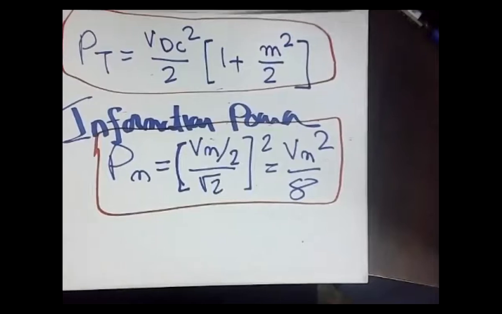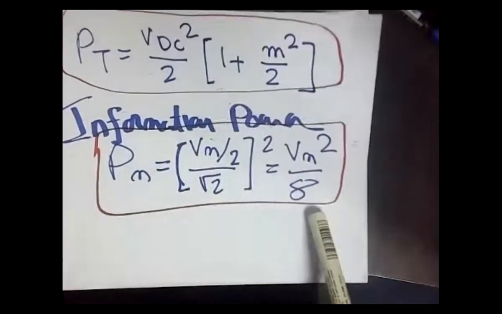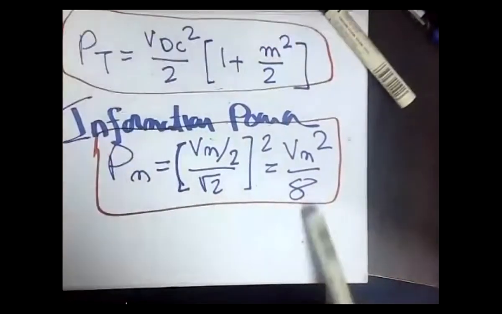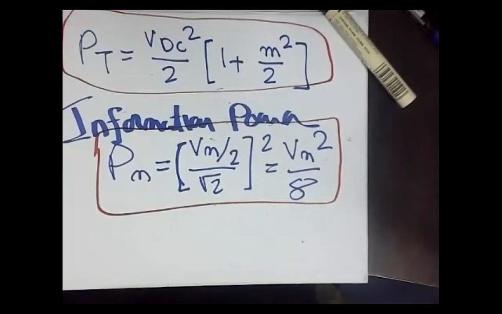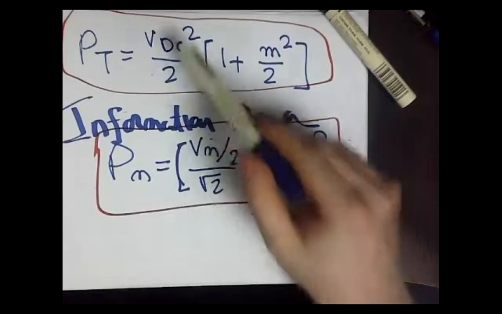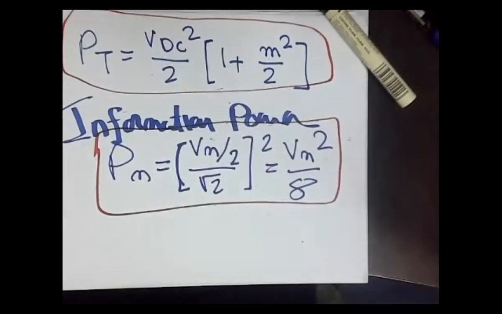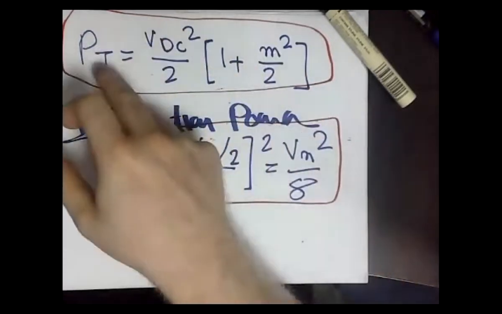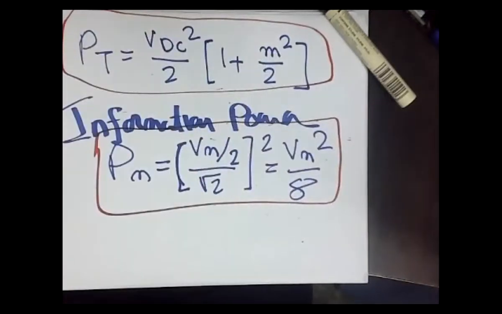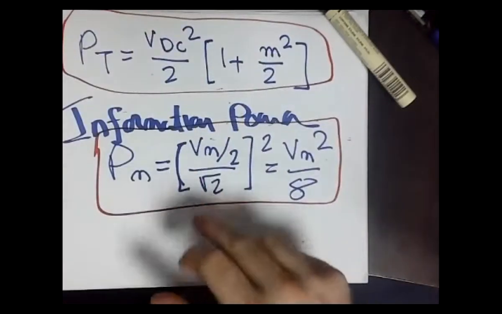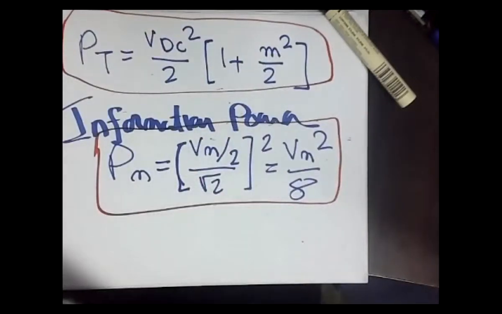What you really need is this power. This is simply the difference. So this ratio will indicate what percentage of the total power is really needed by the receiver. What percentage is the message.